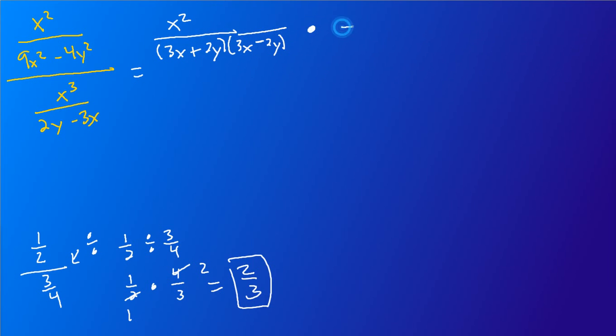Going to be multiplying now. Why am I multiplying? Because I'm going to keep, flip, change, right? So I'm actually flipping this fraction around. So I have an x cubed on bottom and a 2y minus 3x on top.